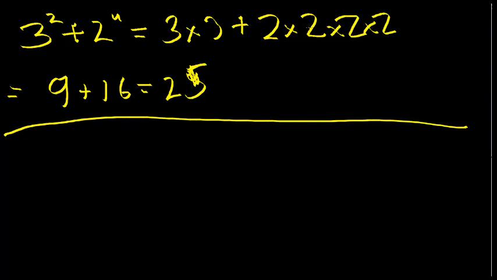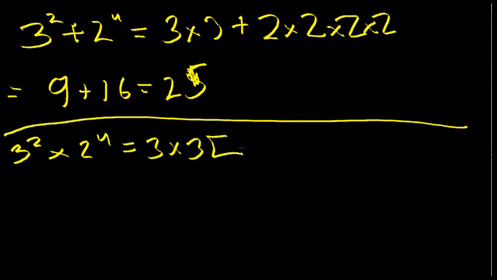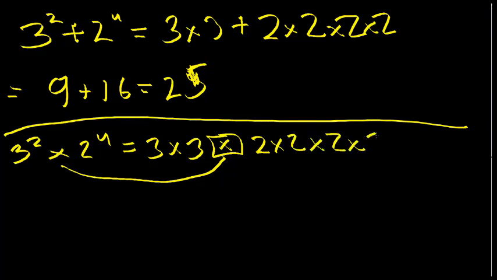Multiplication and division can be a little bit more confusing, so let's try it with multiplication. We would have 3 to the power of 2 times 2 to the power of 4. We would write it out again. So we would have 3 times 3, and instead of adding, we would have a multiplication sign because we have a multiplication sign here. And then we would have 2 times 2 times 2 times 2.